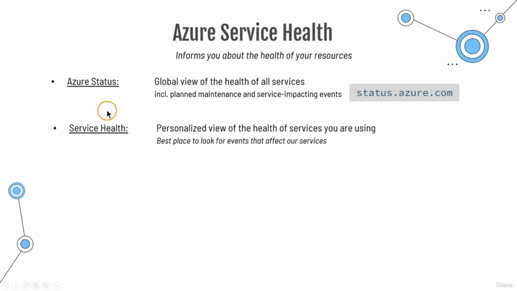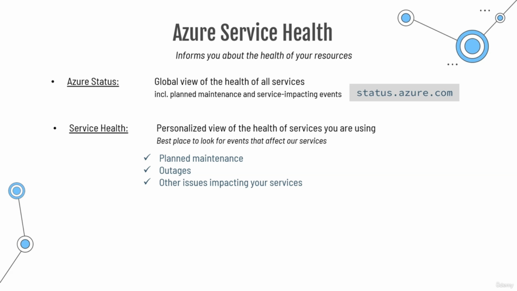Of course, we can also use Azure Status, but for sure we should also use Service Health because this provides a personalized view of the health of our services. And here we also see planned maintenance, outages, or any other issues that can impact our services that may require some action from our side and just inform us on the health of the services that we are using.